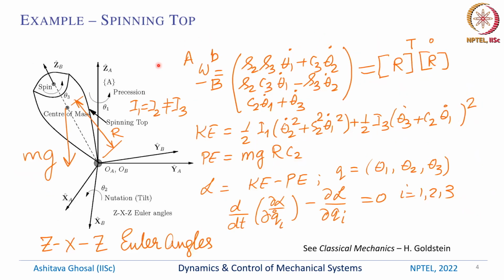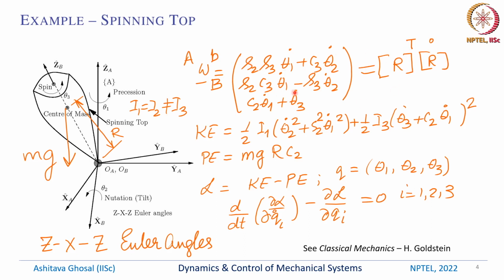Once you have this spinning top rotation matrix, we can obtain the angular velocity. We will find A omega B, the body fixed angular velocity, which is nothing but R transpose R dot.